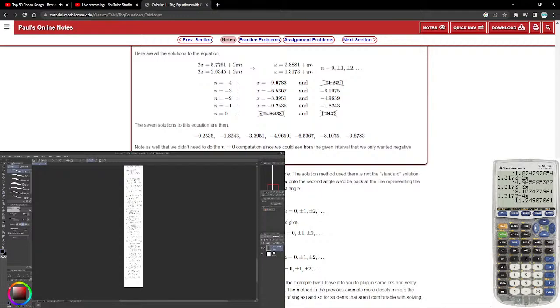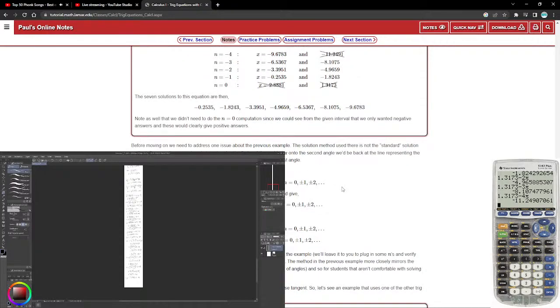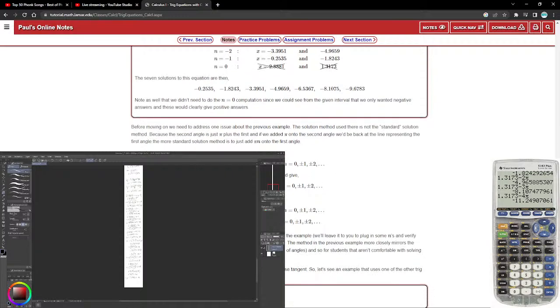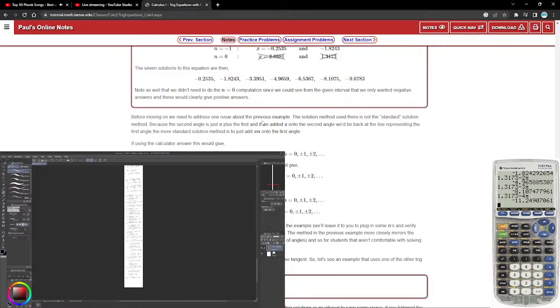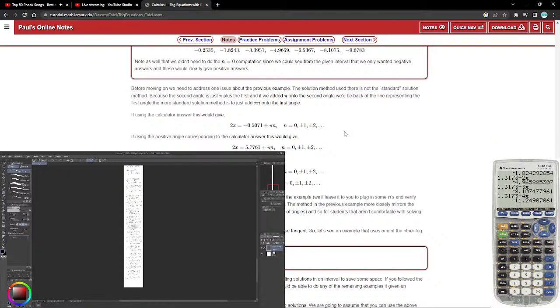Before moving on, we need to address one issue about the previous example. The solution method used there is not the standard solution method, because the second angle is just pi plus the first, and if we added pi onto the second angle, we'd be back at the line representing the first angle. The more standard solution is just to add pi n onto the first angle.